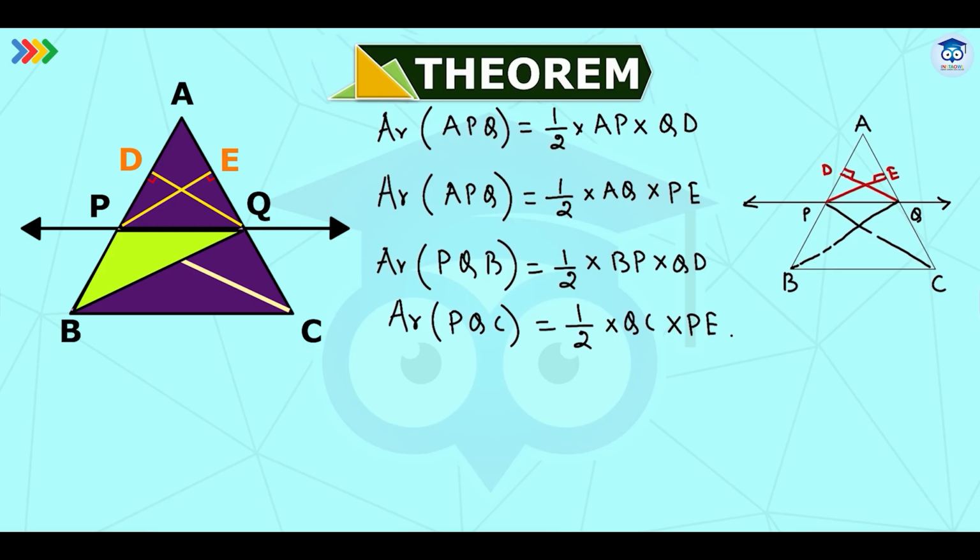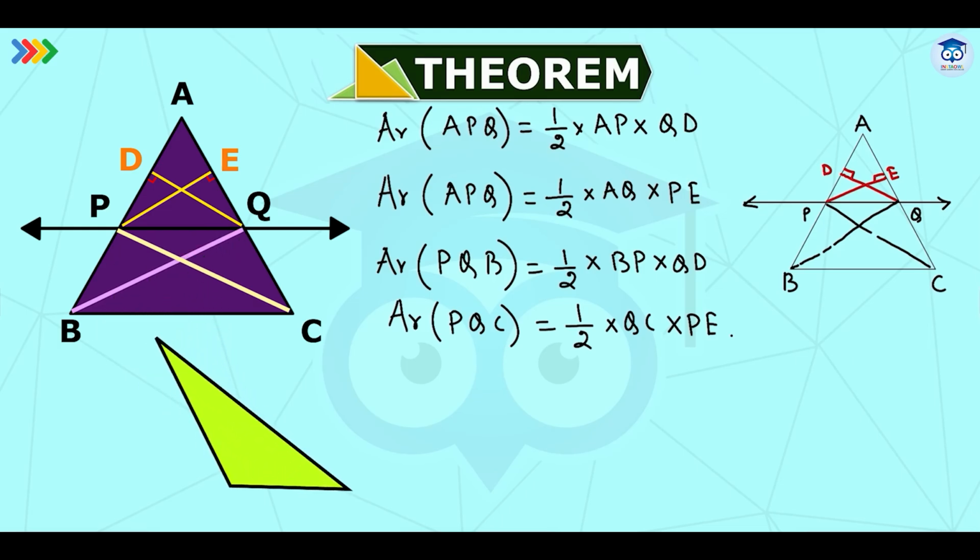This triangle QPB can be rotated and it will look like this. Since QP is not perpendicular to BP, to find the area we need base and height, right? So for the given base, we need the corresponding height.